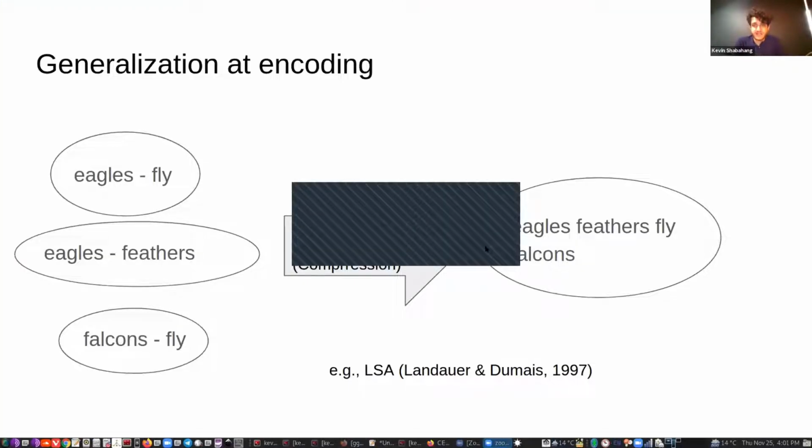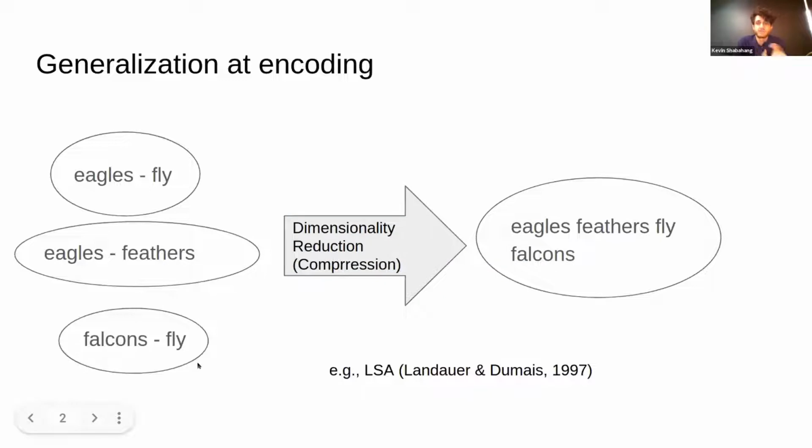Usually what's done is some form of dimensionality reduction is applied to the raw co-occurrence counts, which has the effect of compressing the original input space into a lower dimensional representation that magnifies differences and similarities between the words in the original space based on the contexts in which they occur.